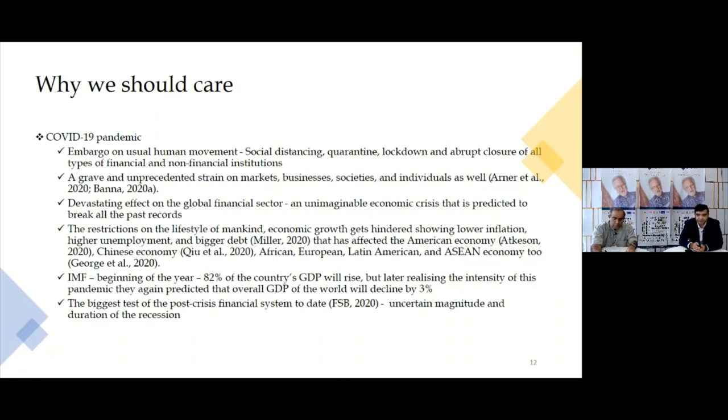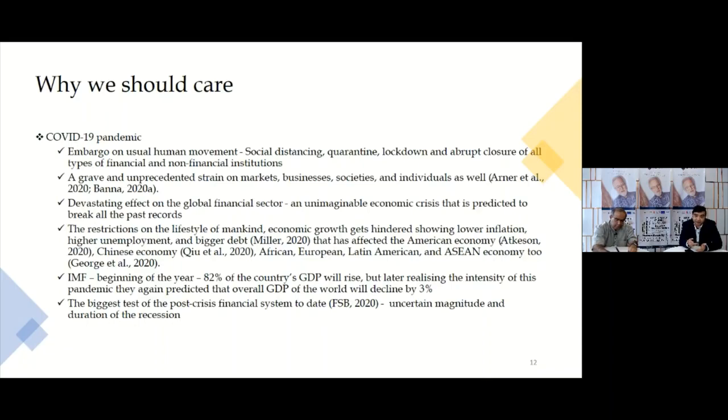As we know, the pandemic is going on, and it has an impact on movements, with social distancing, quarantine, and abrupt closure of all types of financial and non-financial institutions and activities. It is also affecting the global financial sector, because we cannot predict how it will go or how long it's going to go. And the previous global financial crisis was devastating.